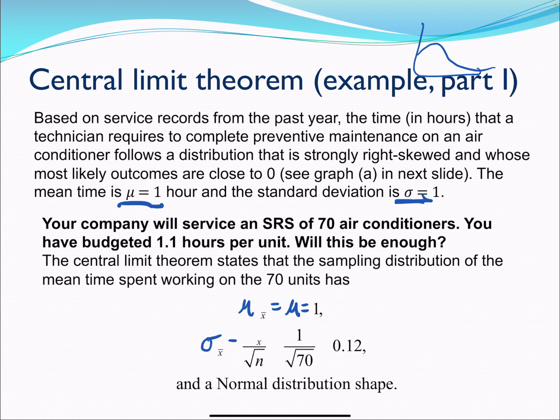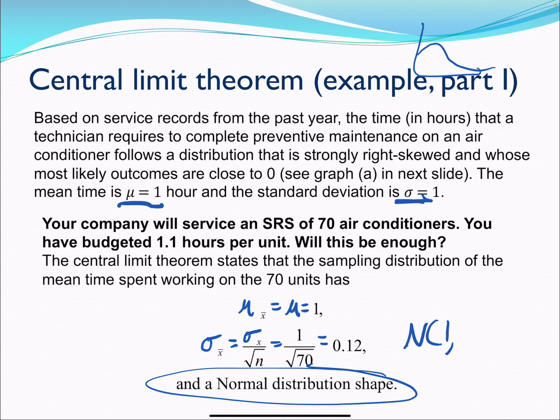The standard deviation is the standard deviation of x divided by the square root of n, which is 1 over the square root of 70, which is 0.12, and it will have a normal shape. So we've got the normal curve centered at 1.